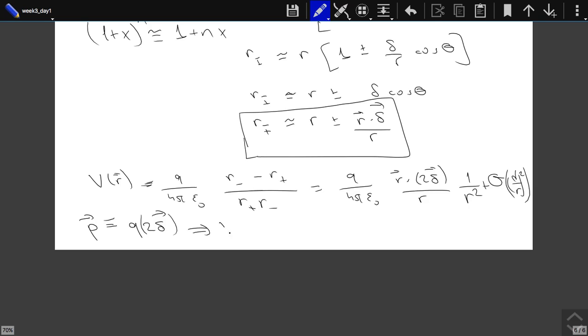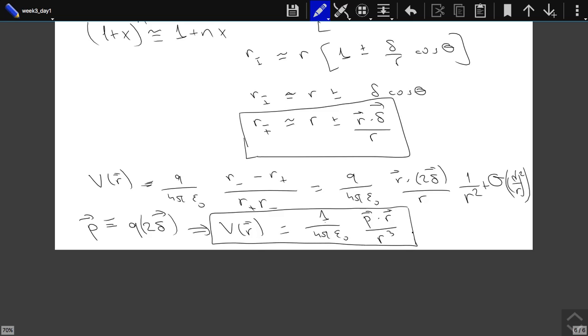Now, in terms of this, V of r, the potential created by this configuration at very large distances is, no, there is no q, 1 over 4 pi epsilon 0 p dot r divided by r cubed. This is our potential at any point.